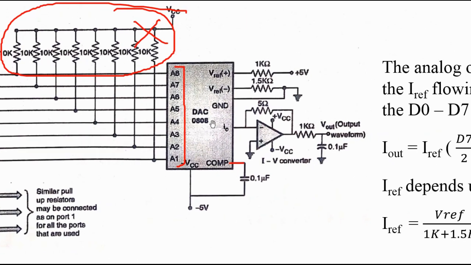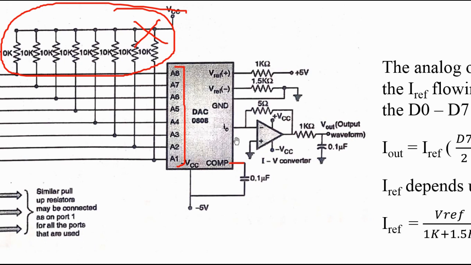Now we will get analog output in the form of current, and this much circuit is an operational amplifier. This triangular symbol is the operational amplifier. There is a negative and a positive sign. The negative sign is called the inverting terminal, and the positive sign is called the non-inverting terminal. This op-amp is an IC, and it will amplify the signal.